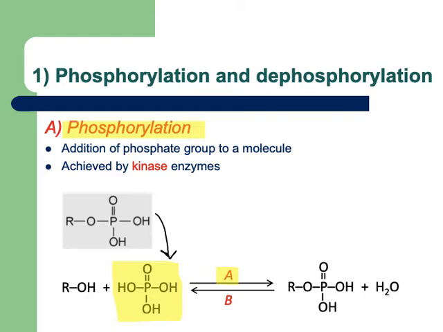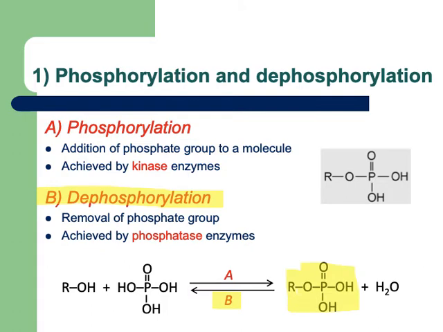This is known as phosphorylation. We're adding this large phosphate group to another molecule, and that other molecule is denoted by R. So we're adding the large phosphate group to the R, forming a new molecule that now has a phosphate with it.